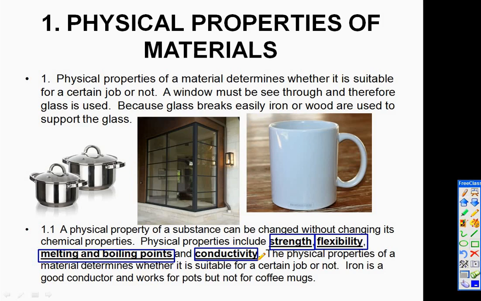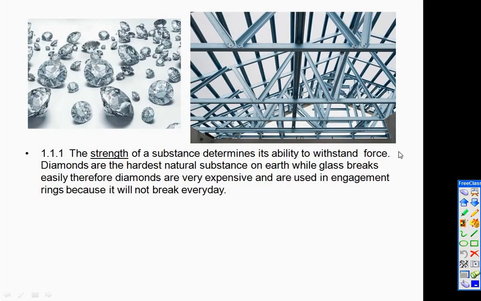If I want to change it chemically, for example, I can light it up and start a fire and the wood burns. If I change something chemically, most of the time I can't change that material back to its original state. Okay, let us go right away, and we're going to start with the strength of a material.